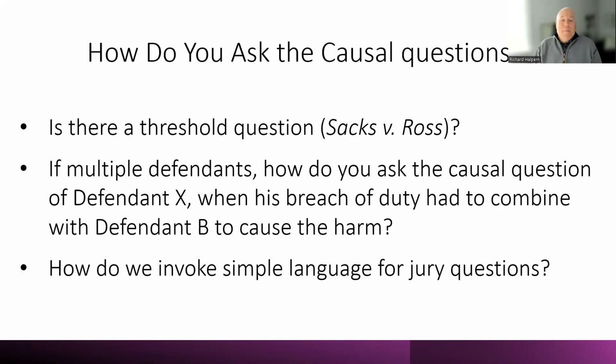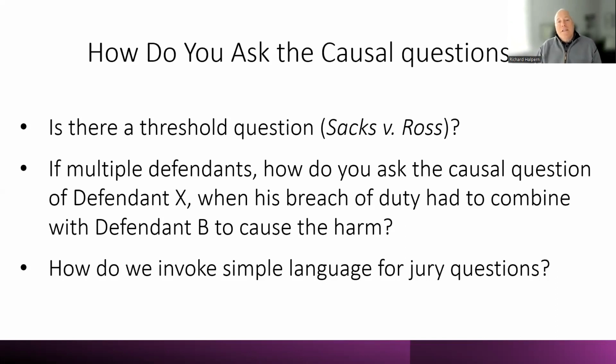The classic example is the old case of Cook and Lewis, the two shooters. They're out hunting, and they think they see some game in the woods, and both Hunter A and Hunter B shoot their rifles towards the game, and it turns out that they struck Mr. Lewis, but only one of them struck Mr. Lewis. They just don't know which one.